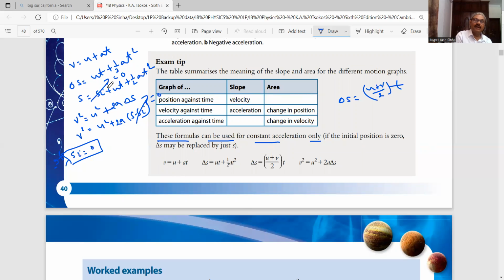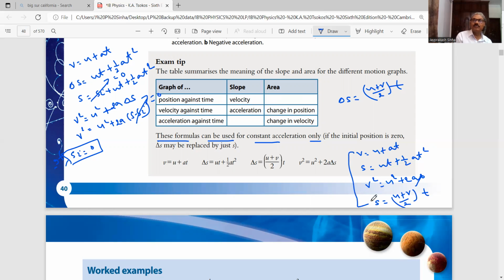So your equation will be reduced as follows: v is equal to u plus at, which we already studied in class 9-10, and s is equal to ut plus half at square, and v square is equal to u square plus 2as. And this is s is equal to u plus v by 2 into t.